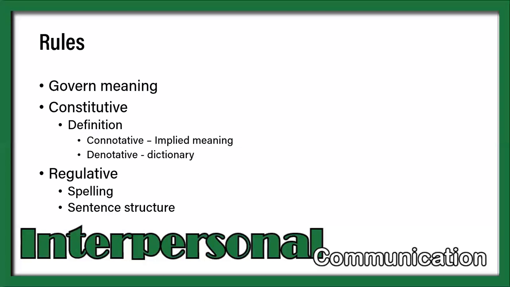So we look at this idea of constitutive meaning and constitutive rules, the rules that define word meaning, what each word represents. And there are two ideas listed under that: connotative meaning and denotative meaning. Denotative meaning is more like the dictionary meaning, and connotative meaning might be more of an implied meaning.